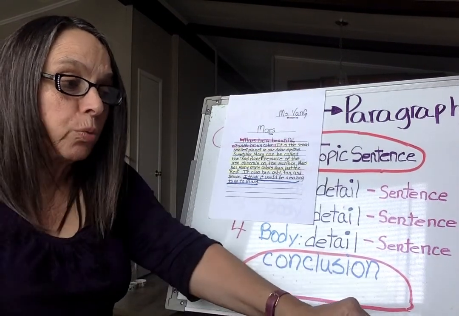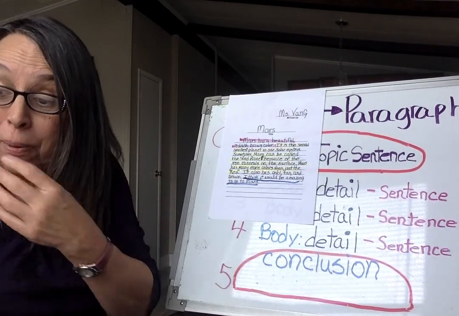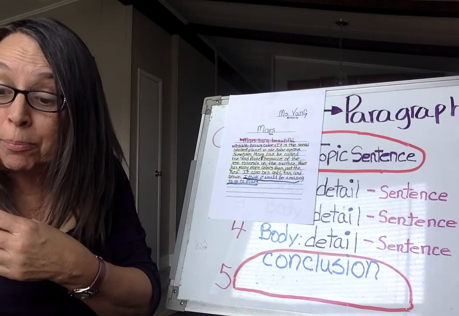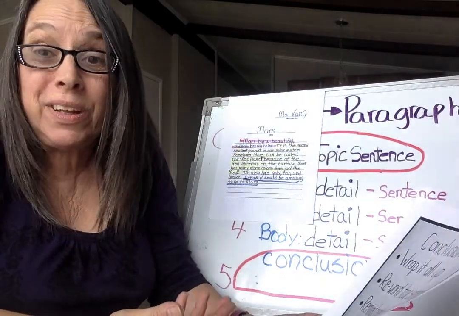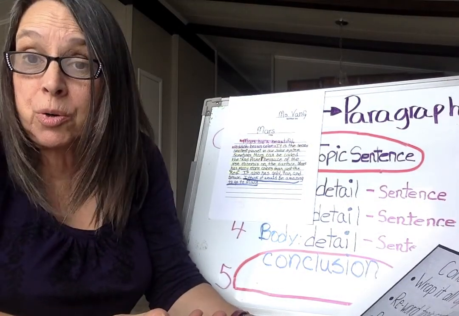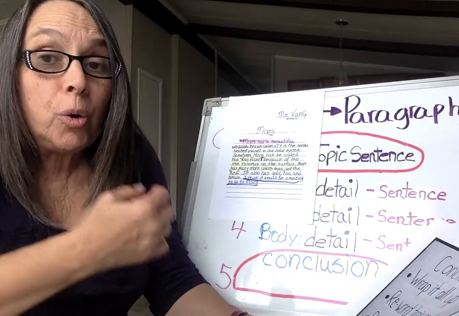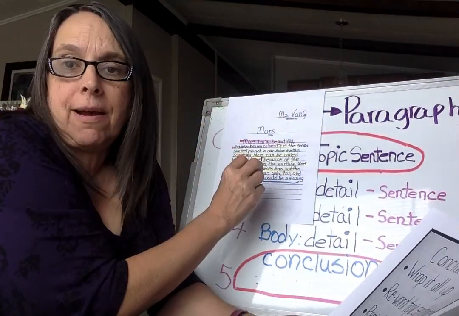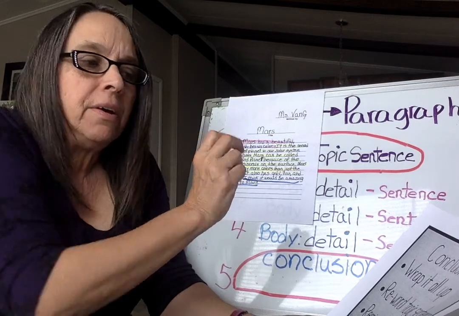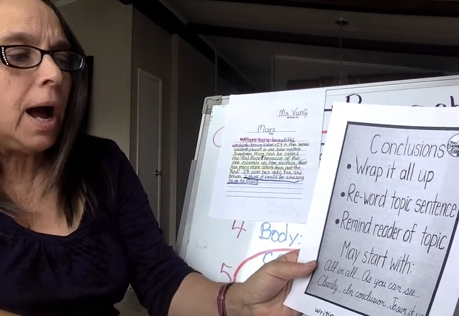Because the important part of a story is you're going to bring it to an end. Okay? But this is not a story, this is a paragraph. But when you write a story, you have to have a conclusion. So in a paragraph, you have to have a conclusion too about that paragraph. Kind of bring it to an end. Okay? So it wraps it up.